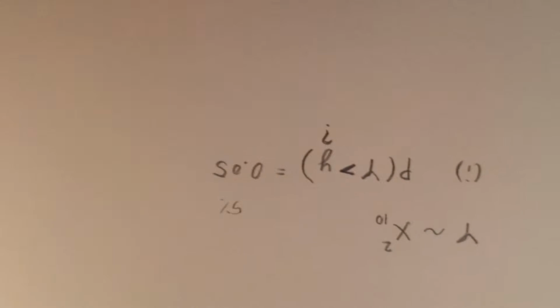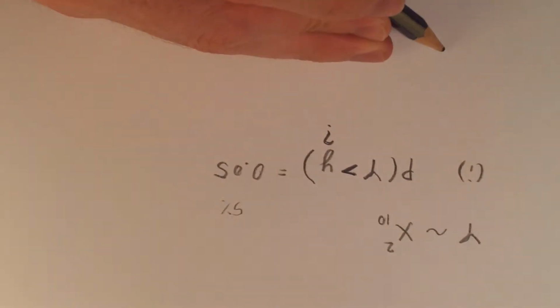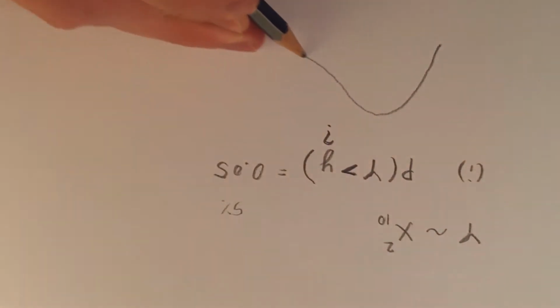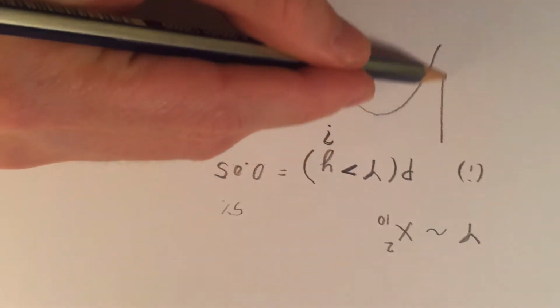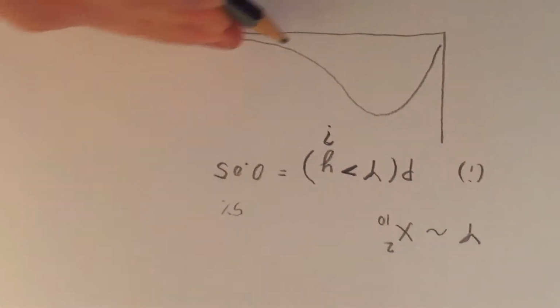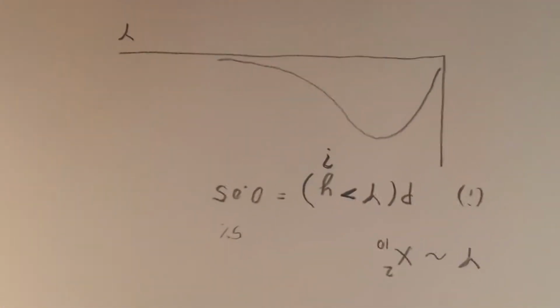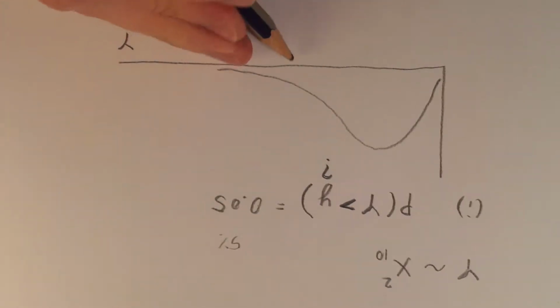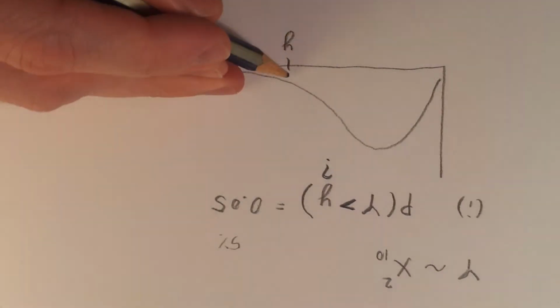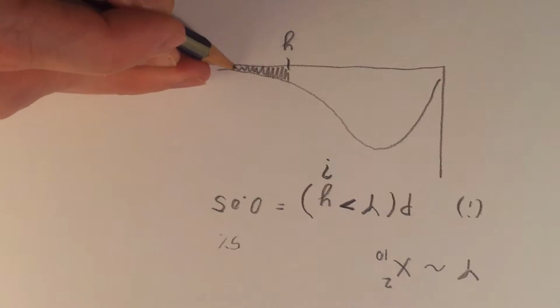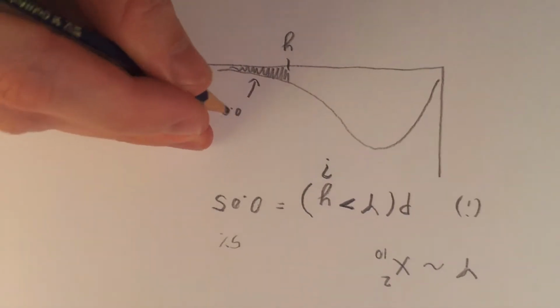So flipping back here, the chi-square distribution looks something like this. Here y is measured along this axis, and we're looking for a particular value y for which the probability of getting greater than that value is 0.05.